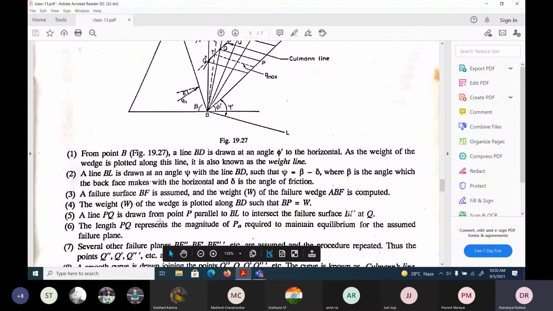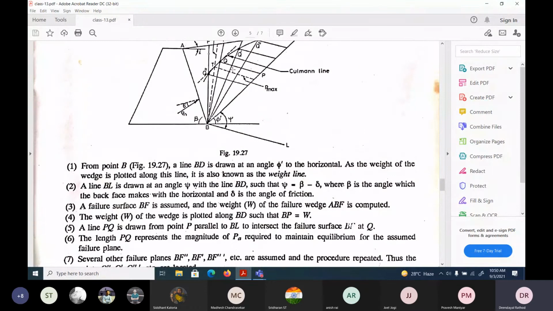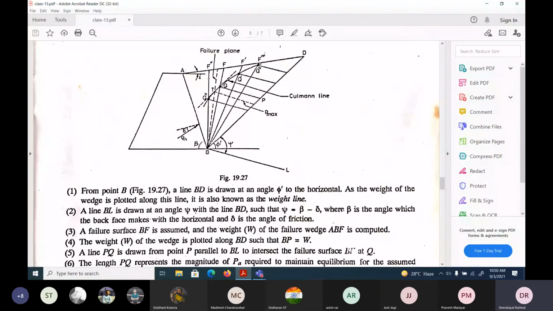A line PQ is drawn from the point P parallel to BL, to intersect the failure surface BF at Q. This PQ is drawn parallel to BL, to intersect the surface BF at this point Q. Understood?